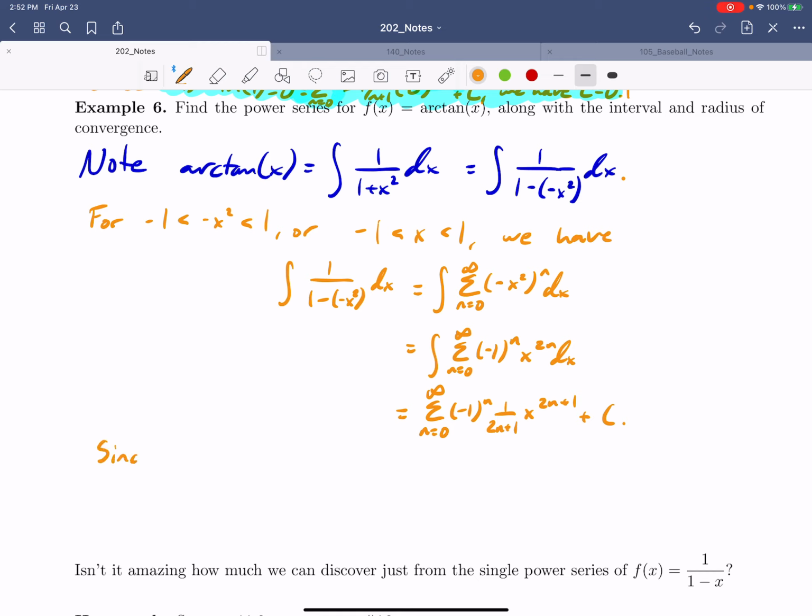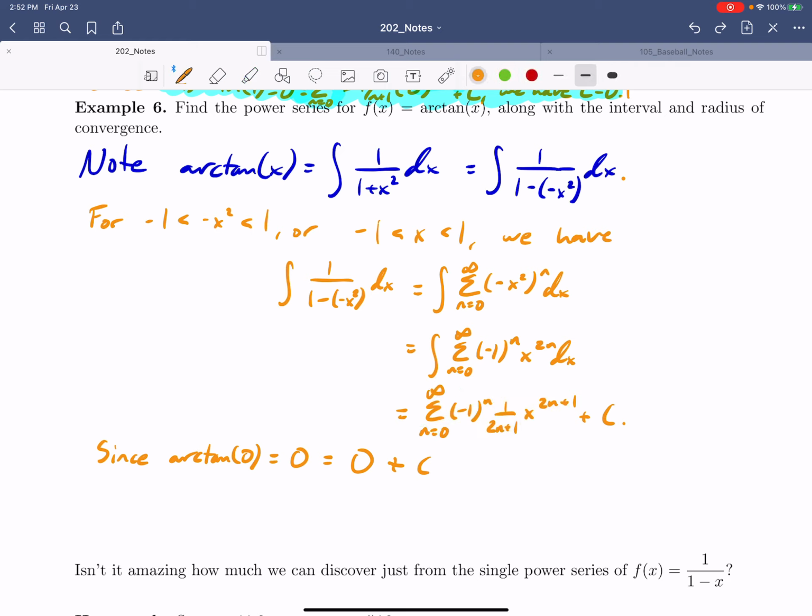So since arctangent of 0 equals 0, which also equals 0 plus c, all this stuff right here is 0. Maybe that's not super clear.